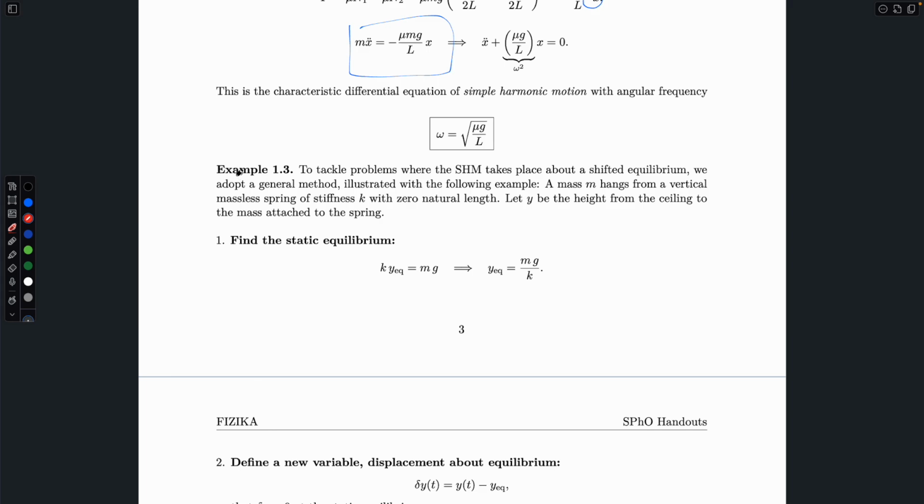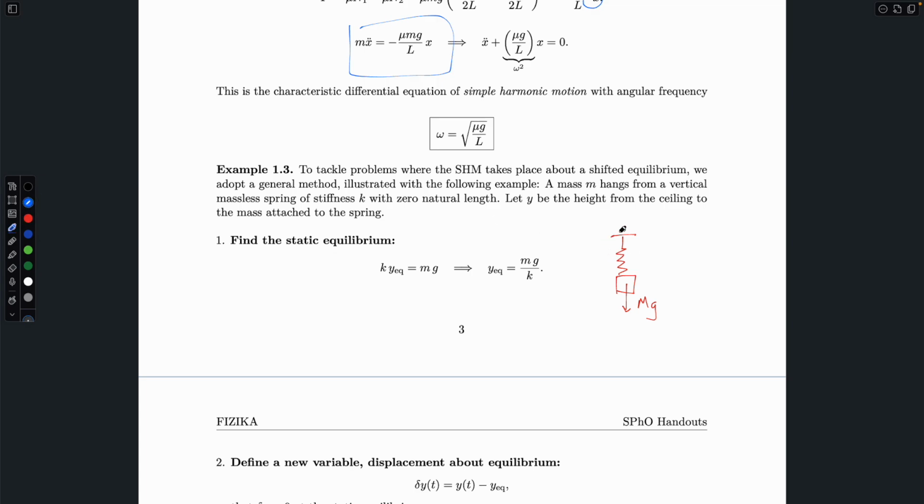The most common example is when you hang the spring vertically instead. Now there's the weight of the mass pulling down. We still assume it's a massless spring, but the mass it's attached to now has the force of gravity acting on it. As a result, there will be some equilibrium extension of the spring.